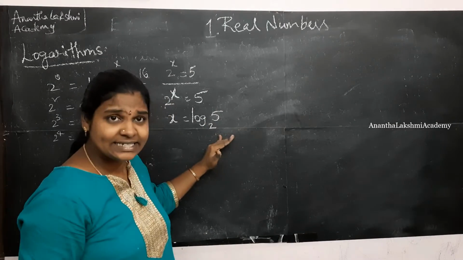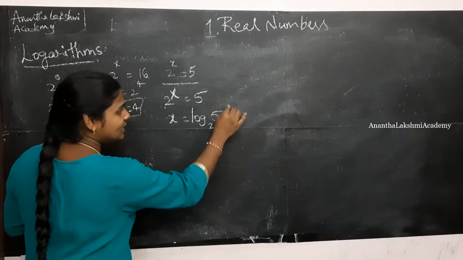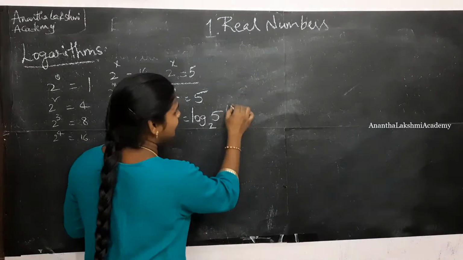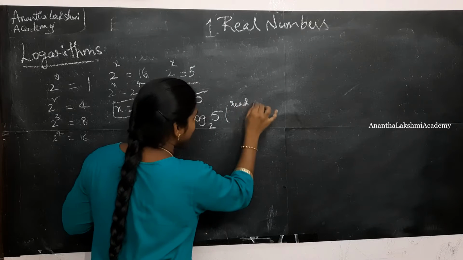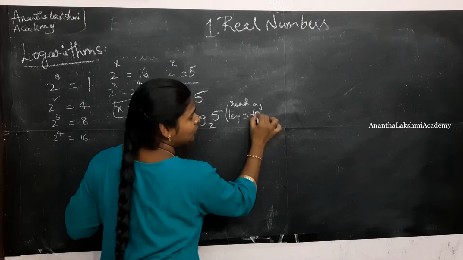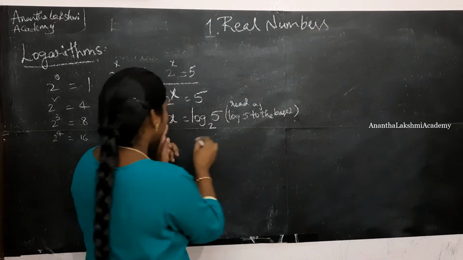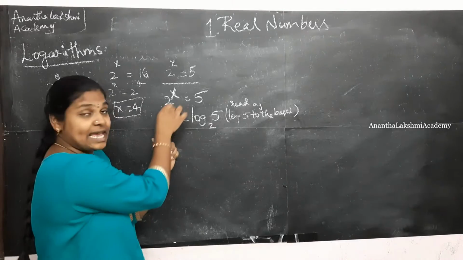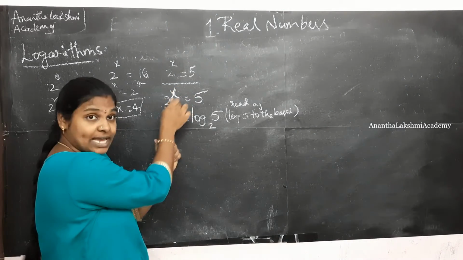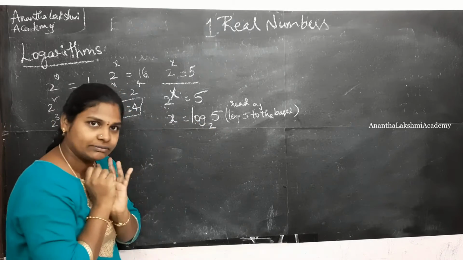The base remains the same. Here the base is 2 and there the base is 2. This is read as log 5 to the base 2. Here the base was 2 and the exponent is x. The same base we take here but write a log.